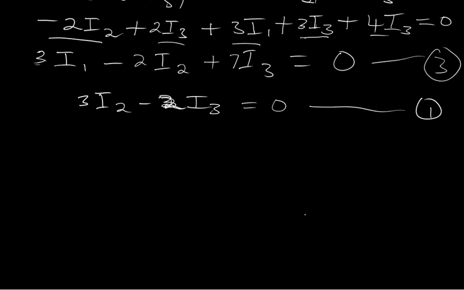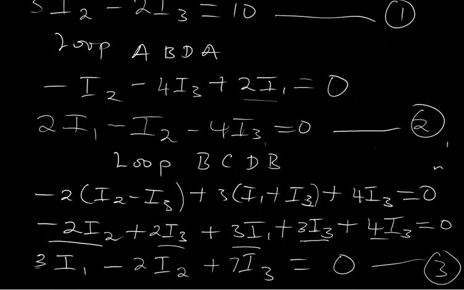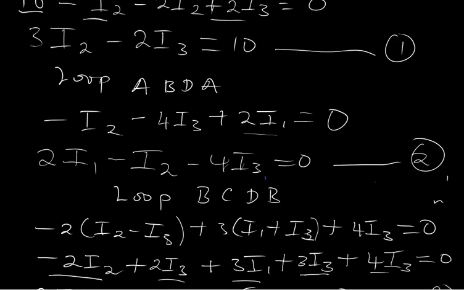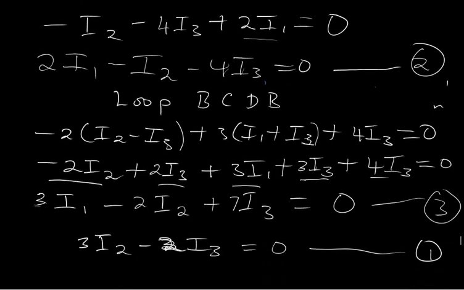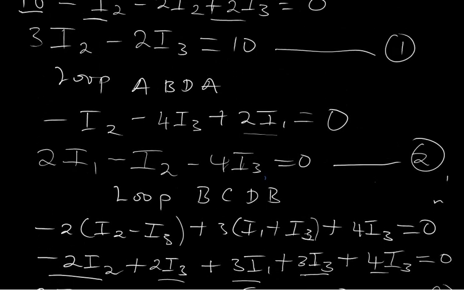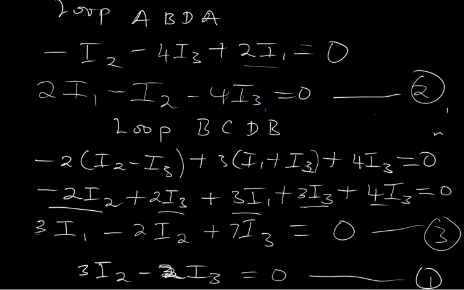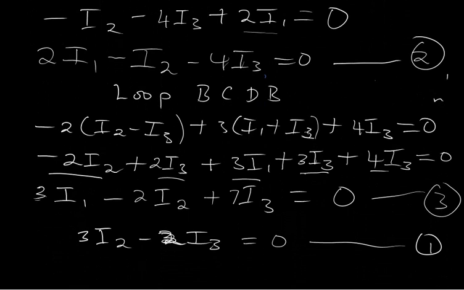Equation 1. Okay, equation 2: 2I1 minus I2 minus 4I3 equal to 0.